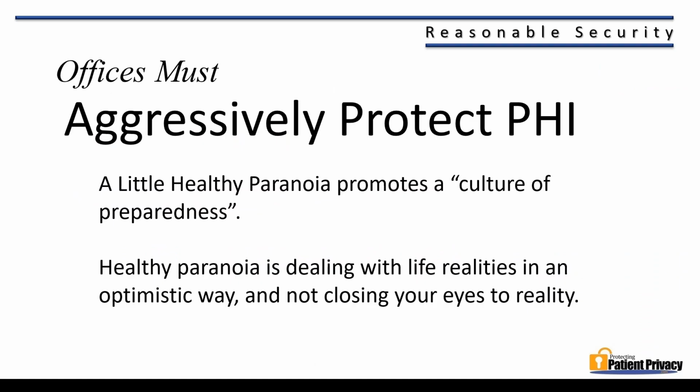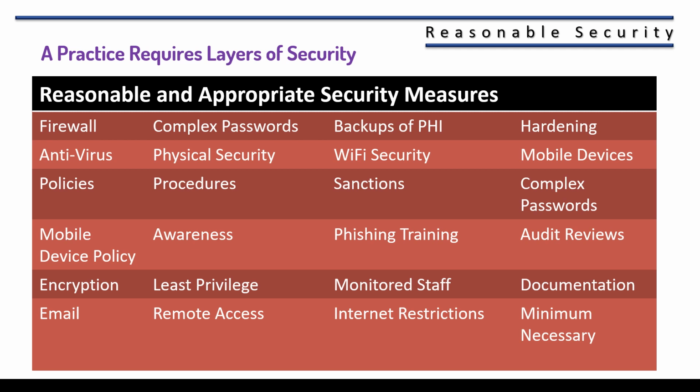So a little healthy paranoia is always a good thing when it comes to cybersecurity. You need to aggressively protect the patient information or the networks that information resides on. And reasonable and appropriate security measures that we have in place are things such as firewalls, commercial grade antivirus protection, our policies and procedures, the use of complex passwords, awareness training, especially on phishing emails, and other restrictions on remote access and what security we need on our computers.